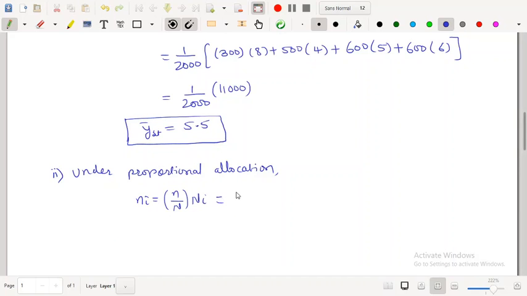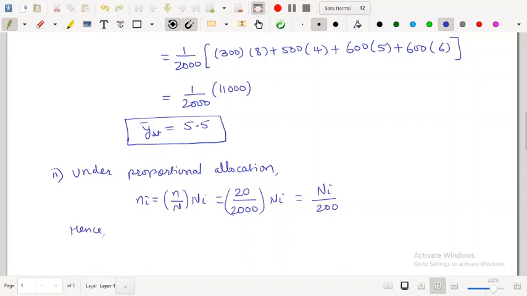Small n they had given is 20 and capital N is 2000, and this will be ni. So 20 upon 2000 will be 1 upon 100. So you can write the formula for ni as Ni upon 100.